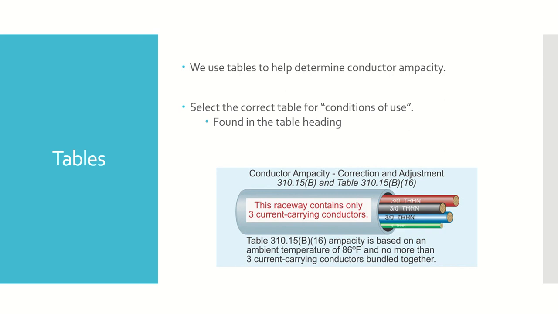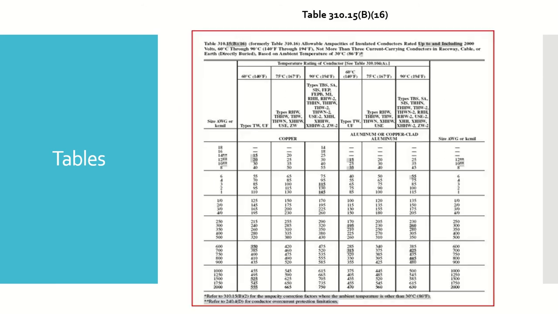So the most common one we're going to use is 310.15(B)(16). So I would have this one highlighted in my book and be able to use this chart here. Here is the table 310.15(B)(16).